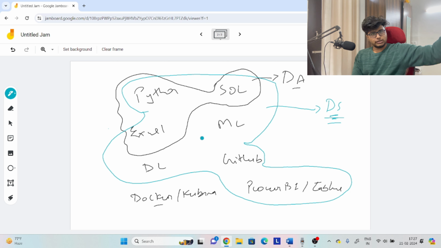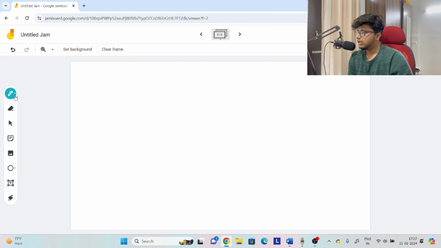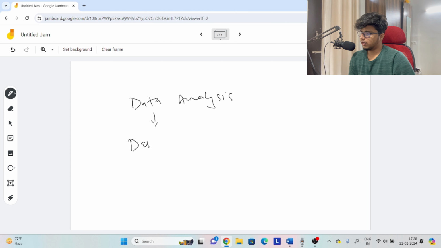There are many skills out there. Many of them are used randomly in a project. For example, let's say in a project in a company, they are getting data from somewhere. They are doing data analysis. I'm just giving you an outline of a simple project. Okay, they are doing data analysis, and after doing the data analysis, they are making a dashboard, and on that dashboard they are showing insights, right?